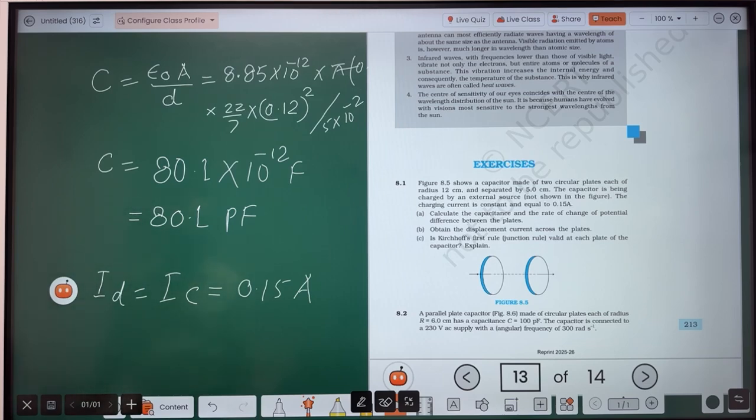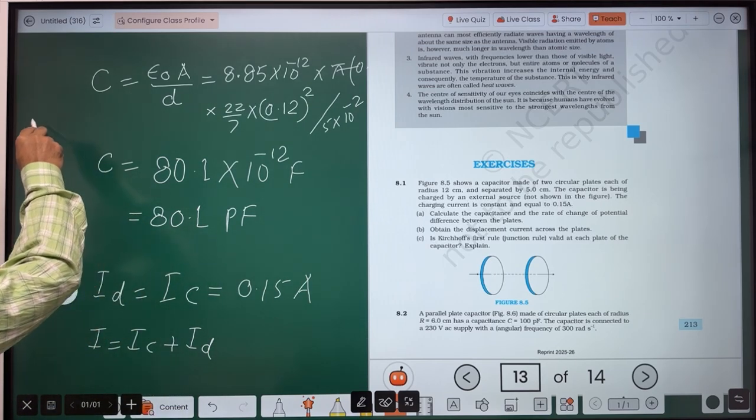Then the next part: is Kirchhoff's first rule, junction rule, valid? Yes, of course, it will be valid. If you remember, I have told you that current will be equal to IC plus ID.